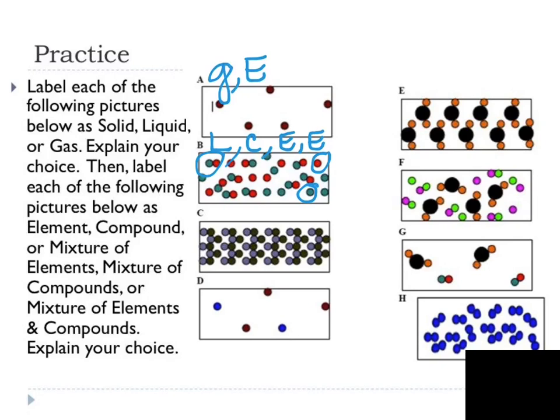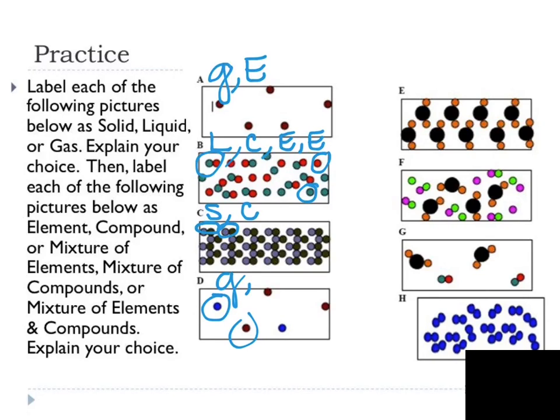So this is a mixture of two elements and a compound. What about C? What can we say about C? It's a solid. And we have gray ball, blue ball, gray ball, blue ball. So what would we call this? A compound. What about D? It's a gas. We have a blue ball and then we have a red ball.